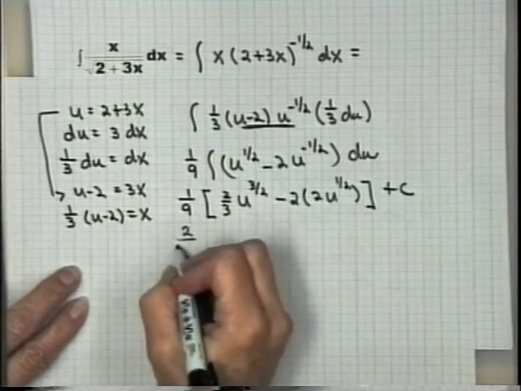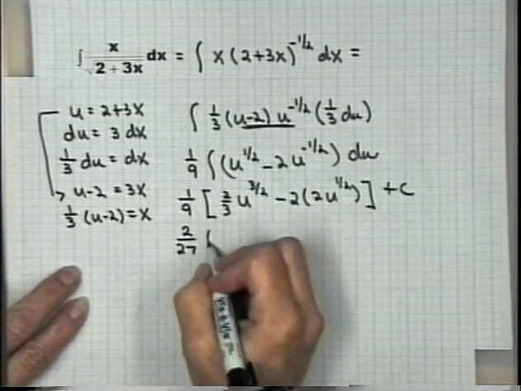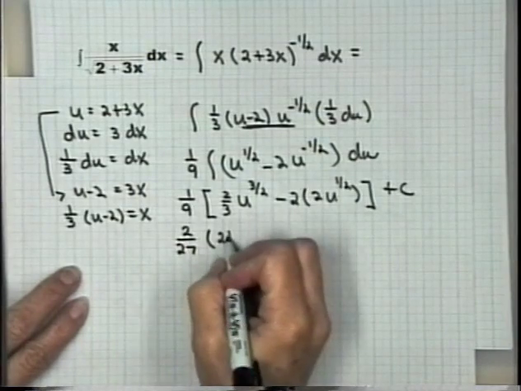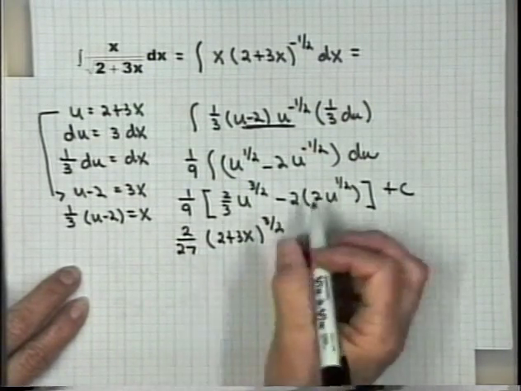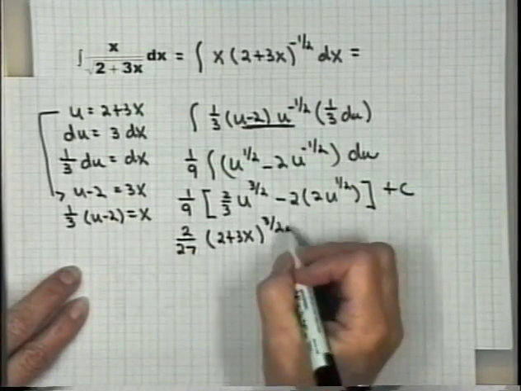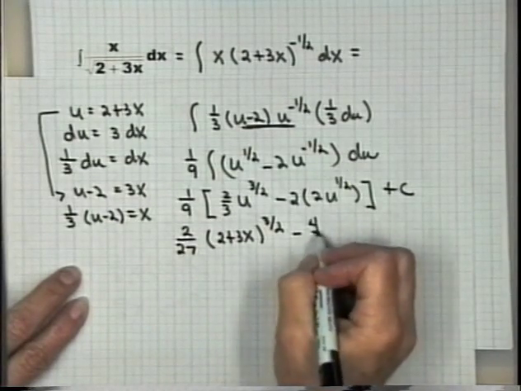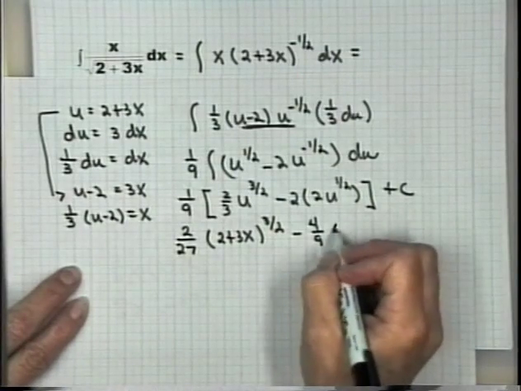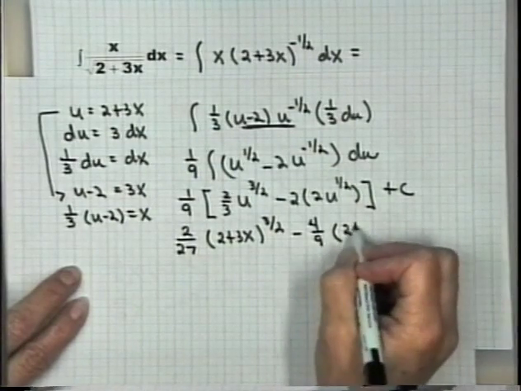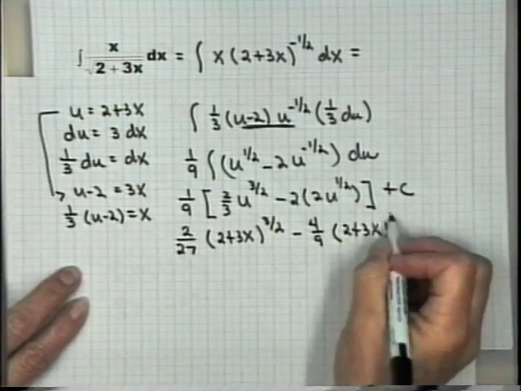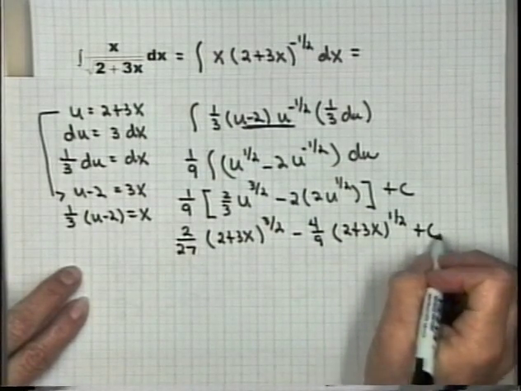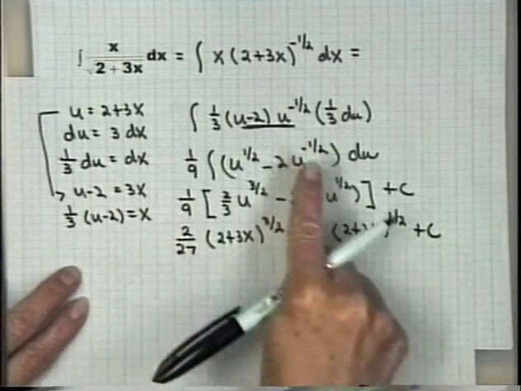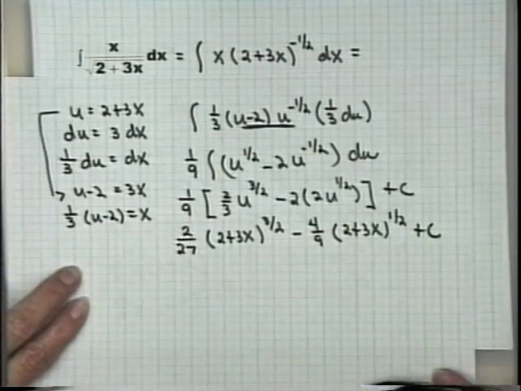I have 2 over 27 in place of u, 2 plus 3x to the 3 halves. I have a minus 4 times this 1/9 would be minus 4/9 times the quantity 2 plus 3x to the positive 1/2 plus c.